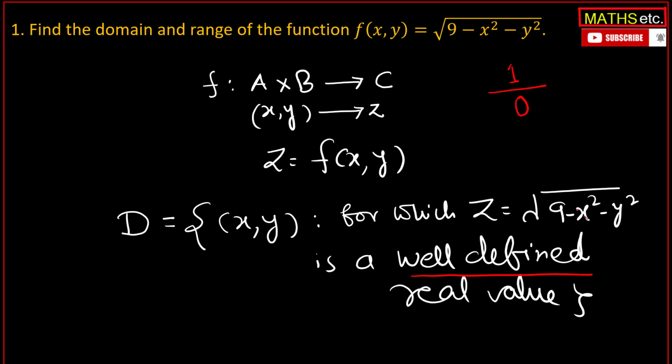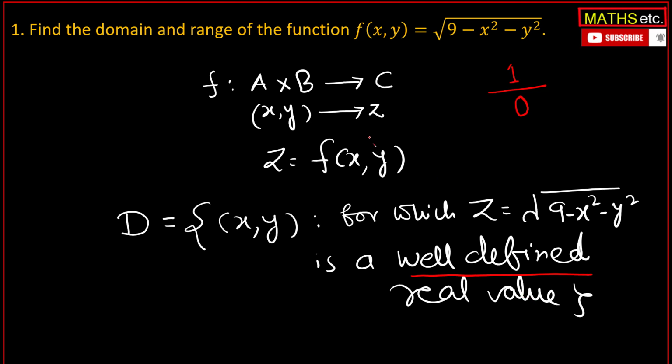Like in this case, the expression inside the square root should be a non-negative value, because the square root of only a non-negative number is a real number. So we should keep these two things in mind while finding the domain: we should select (x, y) in such a way that the z value is well defined and it is a real number.